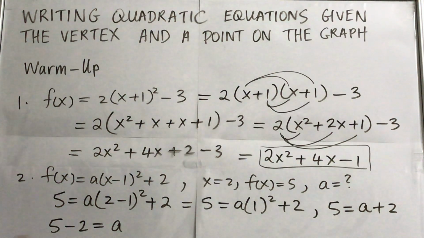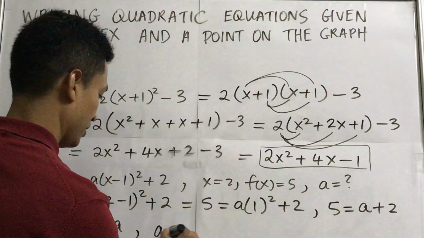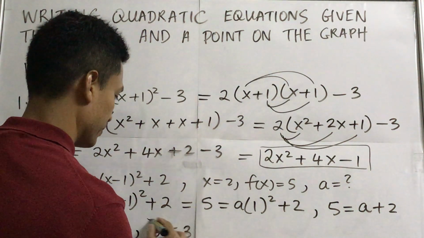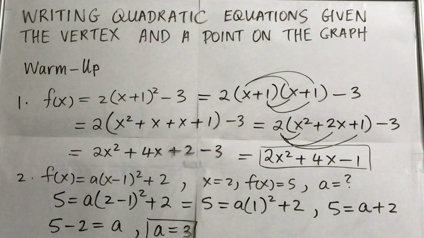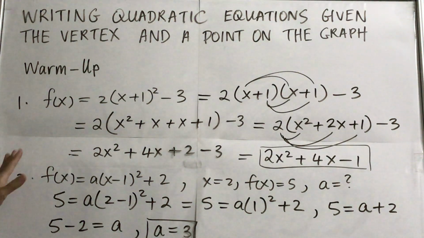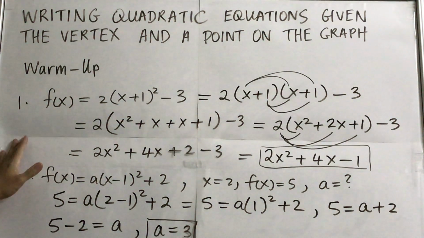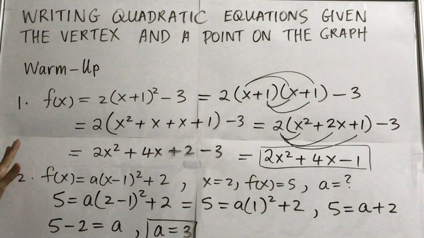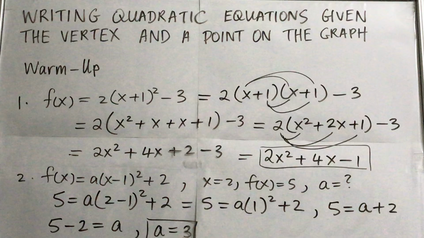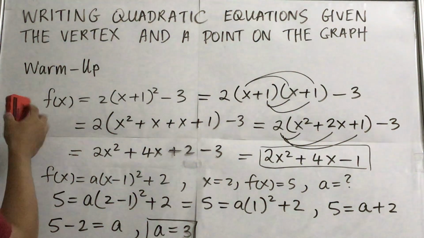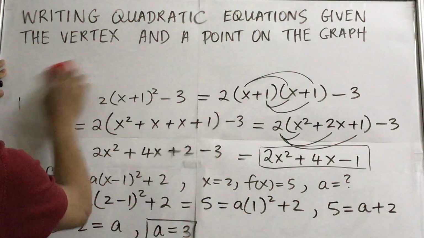And finally, 5 minus 2 is 3, so your a is 3. Okay, this is the warm-up that we need to do. This warm-up will hopefully jog your memory on the algebraic skills that we will need to do this lesson today. So now let's move on to the next step of the lesson.